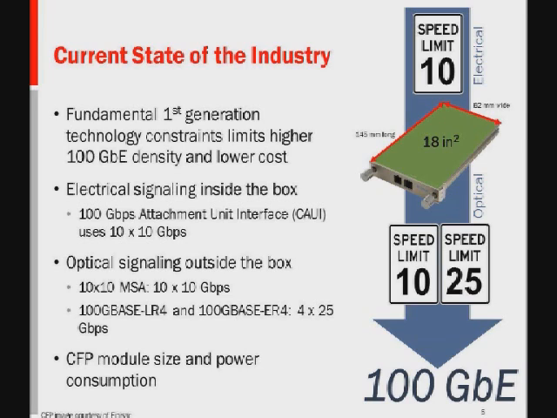And in terms of the optical signaling, the best technology that we have right now is either 10 lanes of 10 gig or 4 lanes of 25 gig. Then the CFP module, which is the 100 gig optics module shown here, is actually quite large. From a power and front panel density viewpoint, it's a large module, which limits what we can do with it.